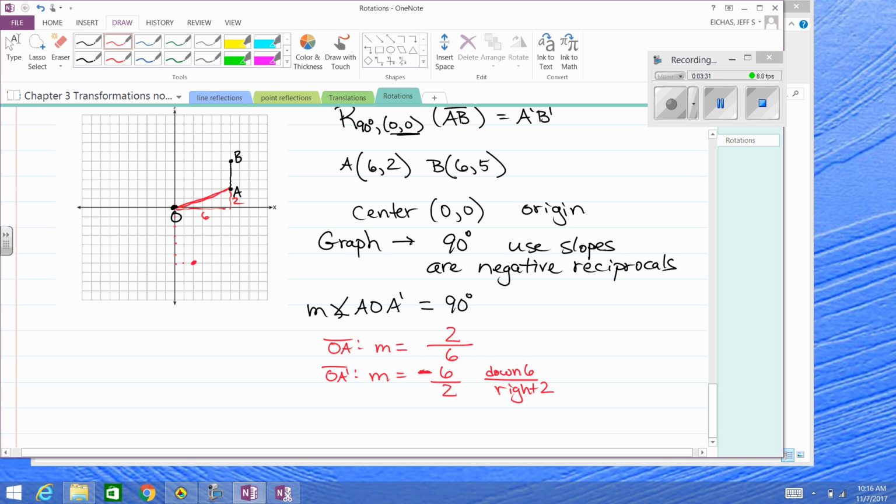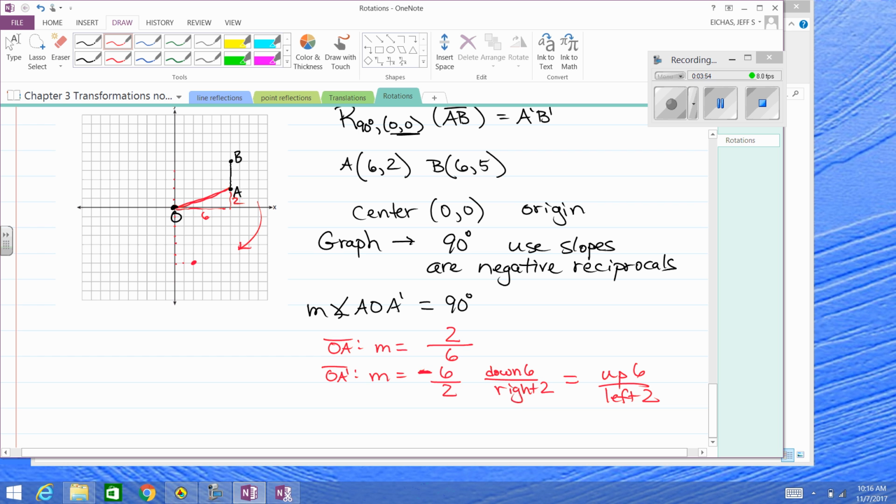Now, if I do that for A prime, I've just gone in the wrong direction. I want 90 degrees. We talked about it in the last installment: you've got to go in a counterclockwise direction unless they tell you otherwise. Well, how do I fix that then? This didn't work. Well, an equivalent is up 6 but left 2. Let's try that.